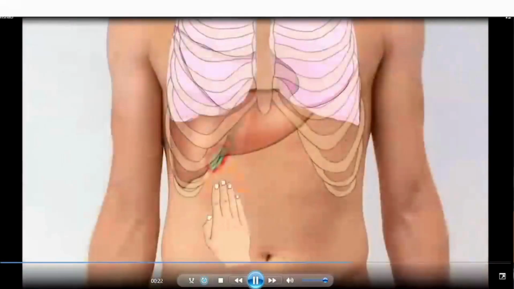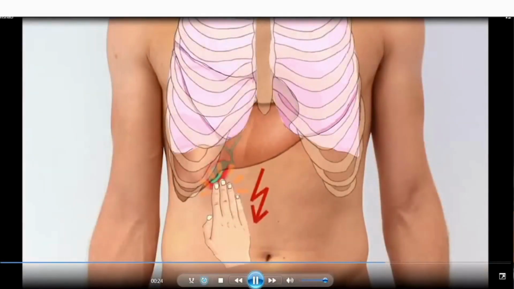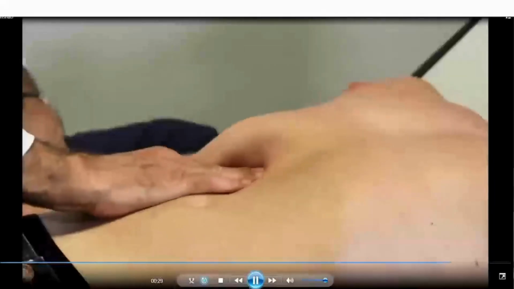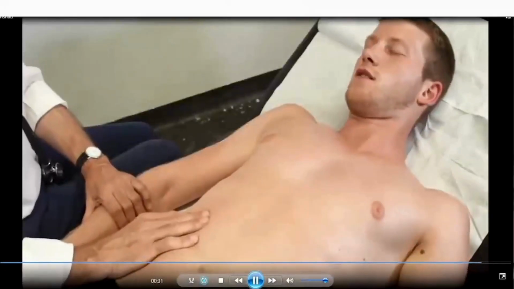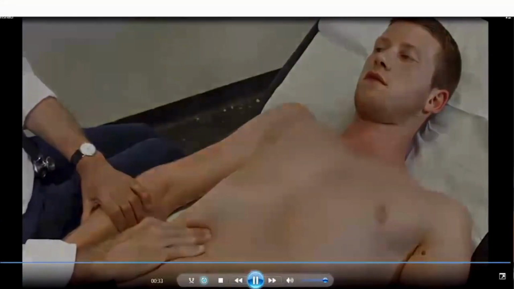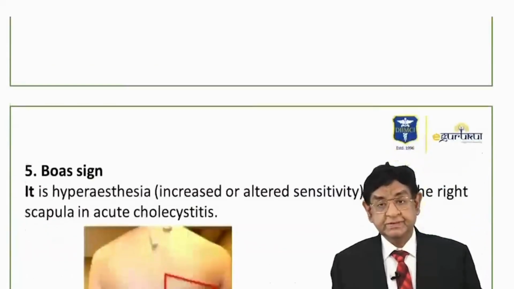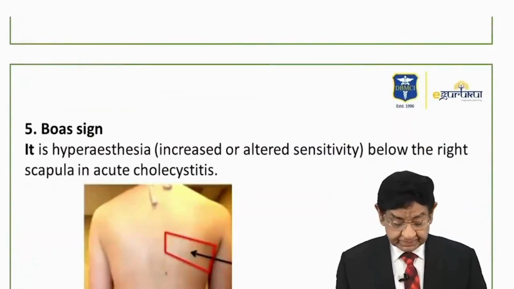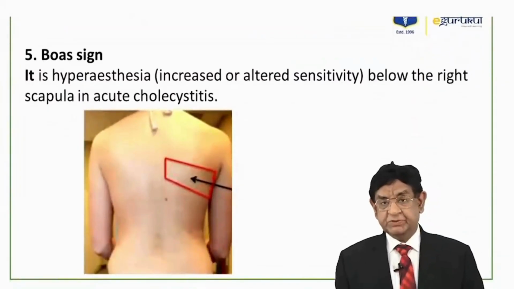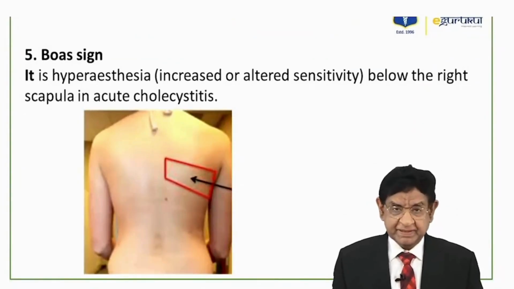If cholecystitis is present, the patient will experience a sharp and sudden pain, causing them to abruptly cease inhalation. This reaction is known as a positive Murphy's sign. So I hope you could see Murphy's sign. There was a sudden arrest. You can see the patient jumping with the pain also.